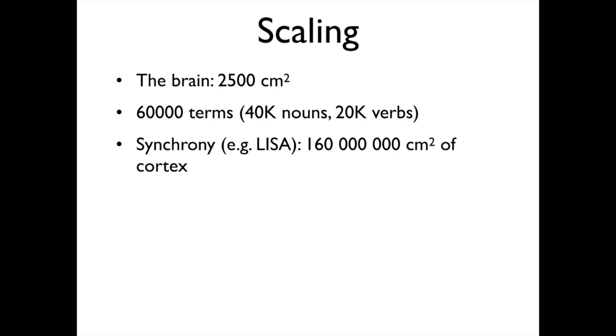The challenge there is that their solution does not scale. So for a vocabulary with 60,000 terms, 40,000 nouns, 20,000 verbs, and only these 2-part relations, they would need 160 million centimeters of cortex. That's way too many. The reason it doesn't scale well is that the hypothesis in this model, and I think it might be safe to say this is the kind of model Hinton was thinking about with his quote, is essentially that you have a new set of neurons for every possible combination of nouns and verbs.